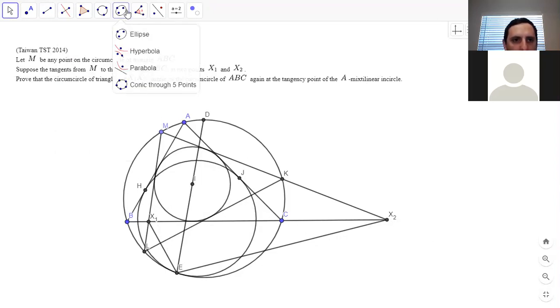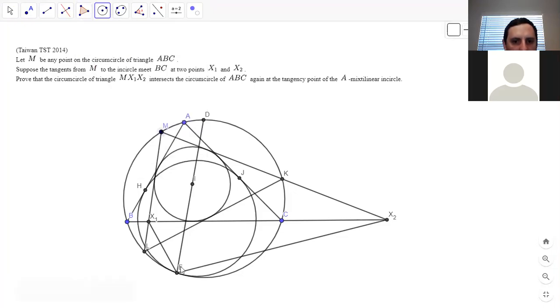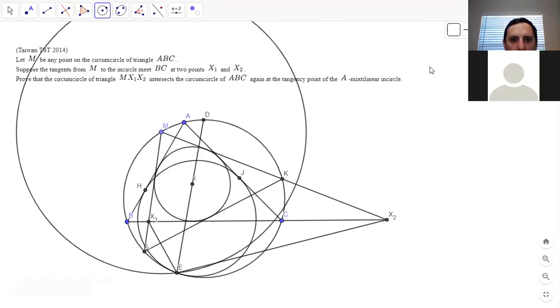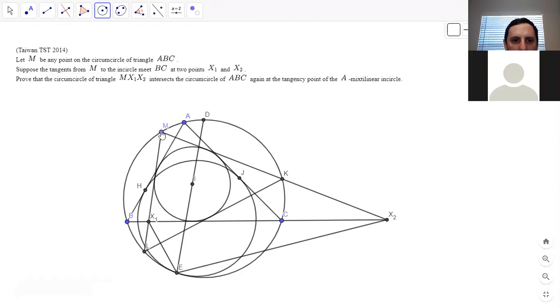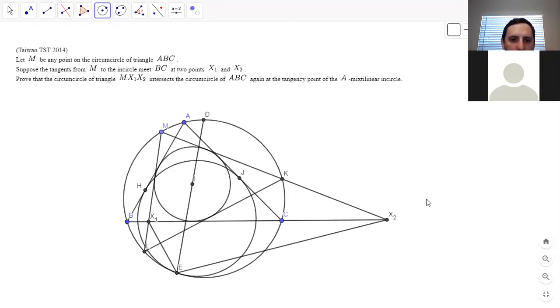It looks like ME is longer than MK in this. And yeah, it's not isosceles, so I don't really know if Poncelet's porism helps.